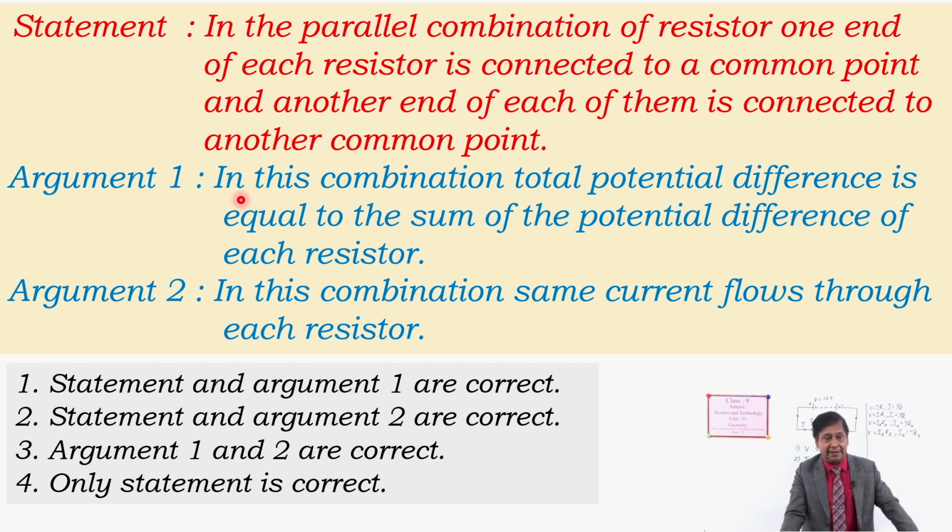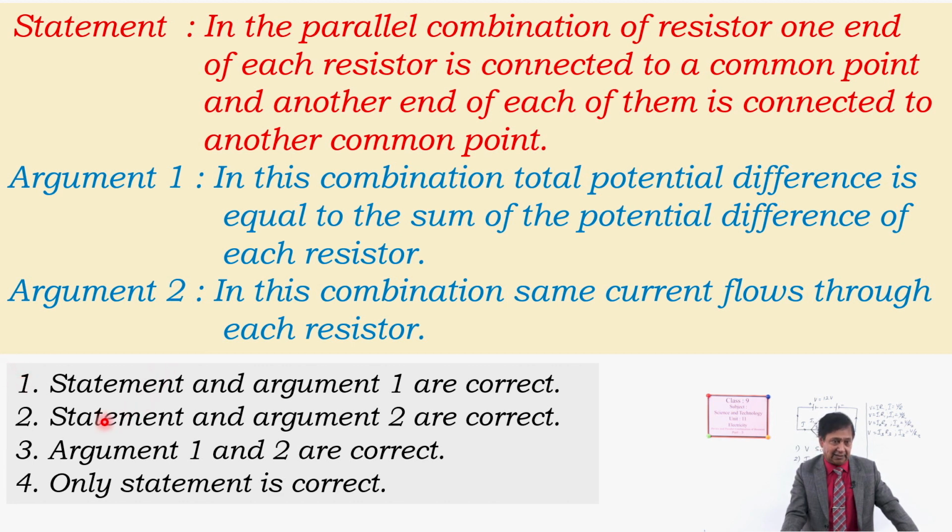Let's see argument 1: in this combination, the total potential difference is equal to the sum of the potential difference of each resistor. What do you think? No, this is incorrect. This is correct for series combination, not for parallel combination. That's why half of the part is correct, half of the part is wrong, so it's incorrect. So we'll drop option number 1.